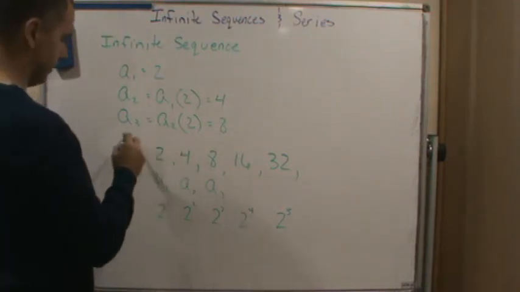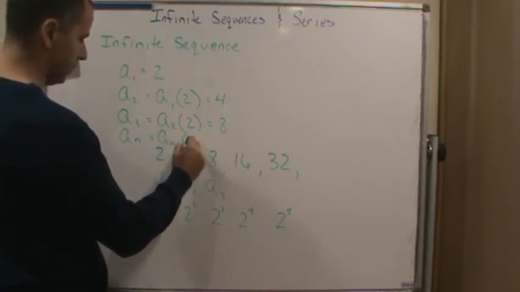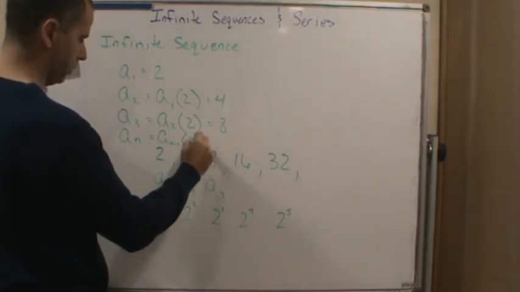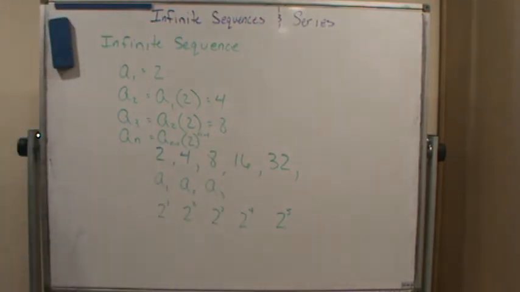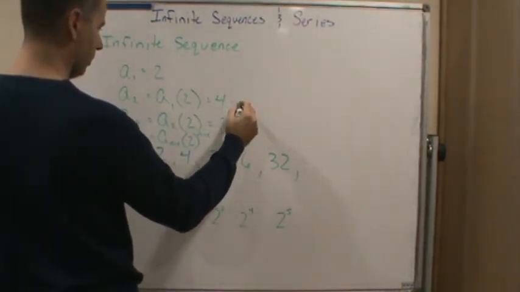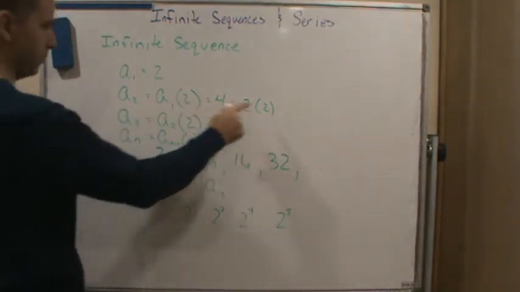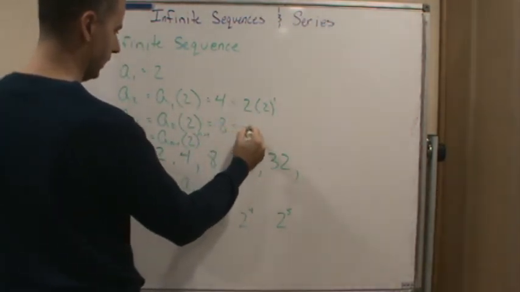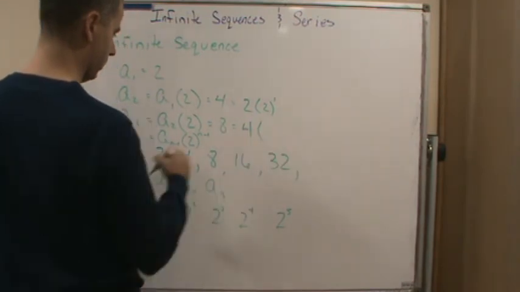And so we could write the nth term as a sub n equals a sub n minus 1 times 2. Hold on.